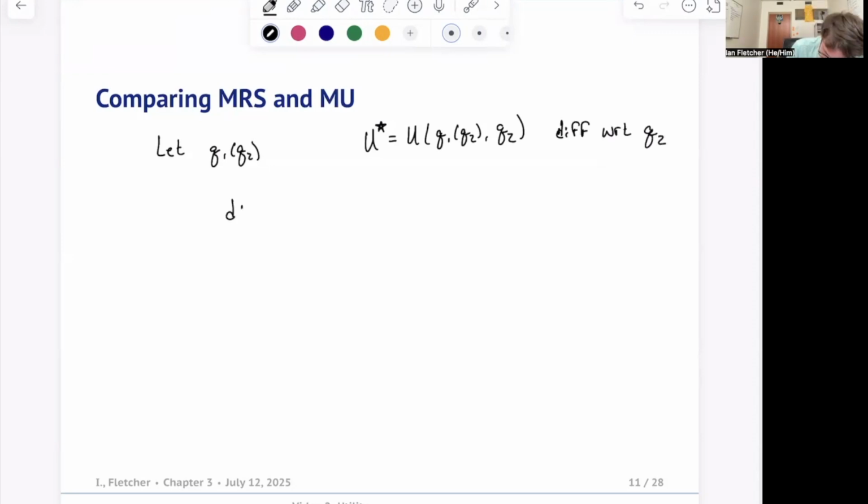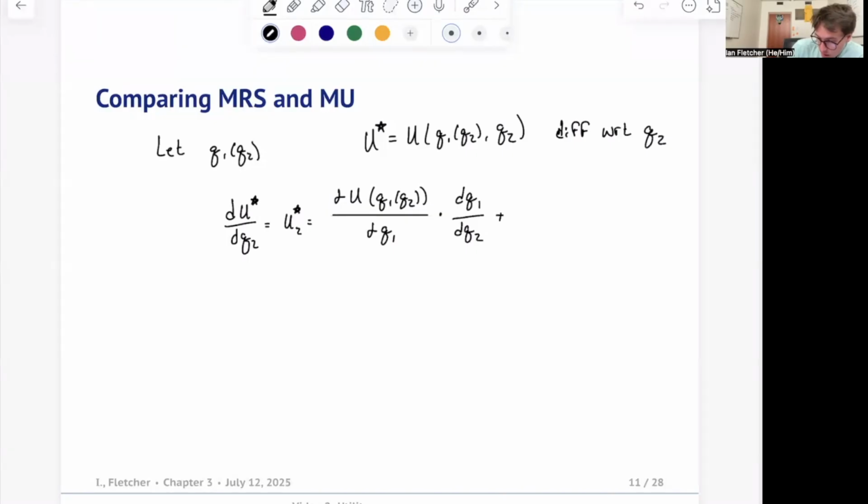And so we're going to get dU star over dQ2, and we're going to get this partial derivative of U of Q1 of Q2 with respect to Q1 times dQ1 over dQ2, plus this marginal change in U following a change in Q2.